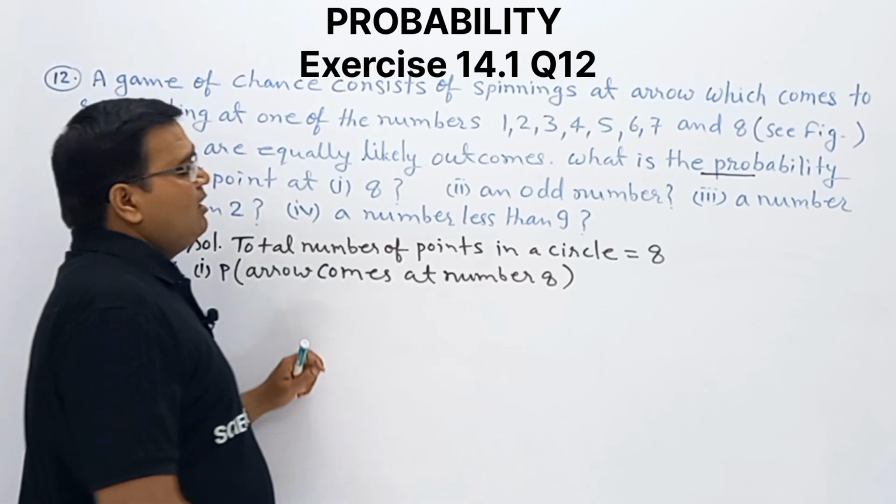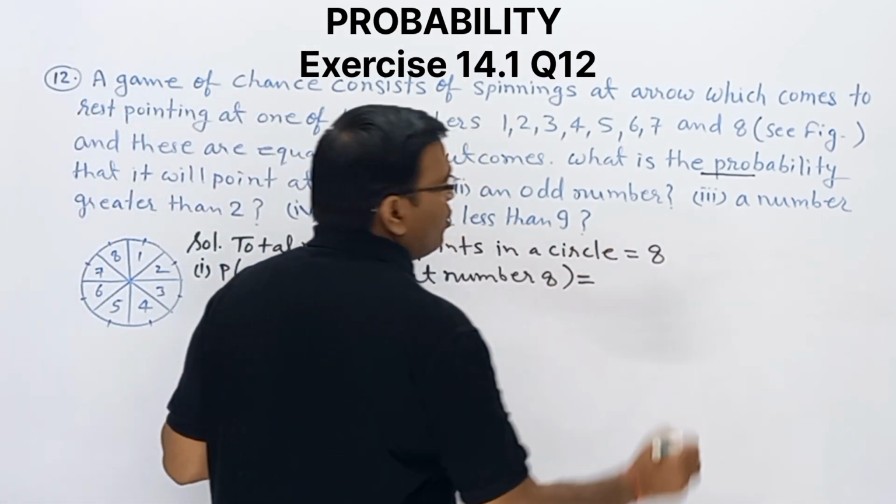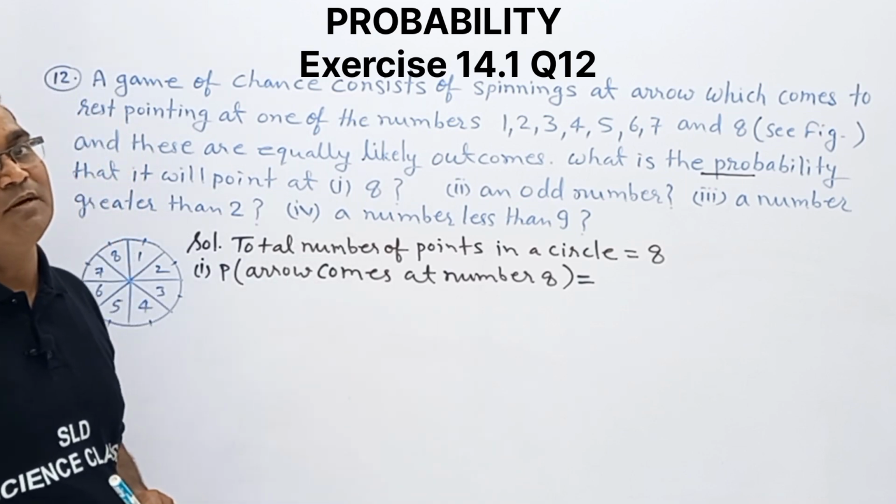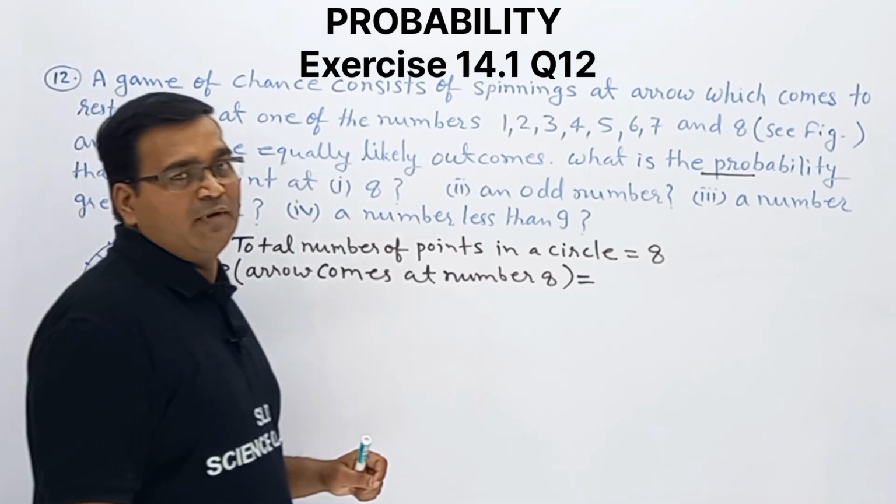We know that the probability of an event is the number of favorable outcomes divided by the total possible outcomes.